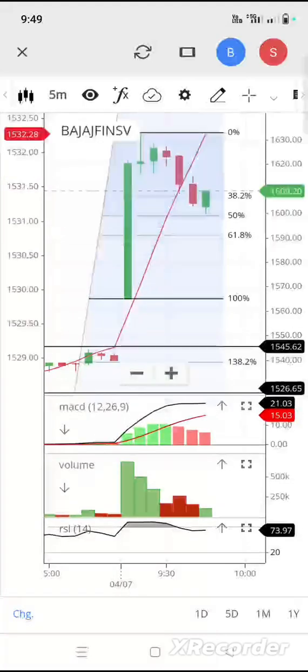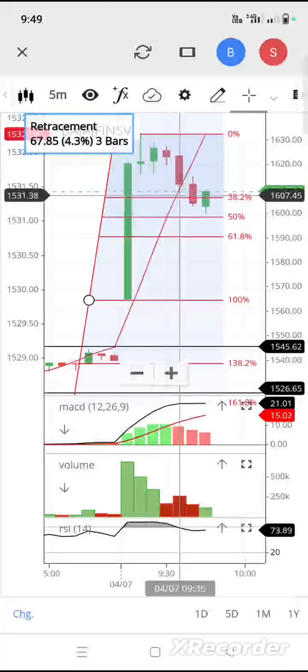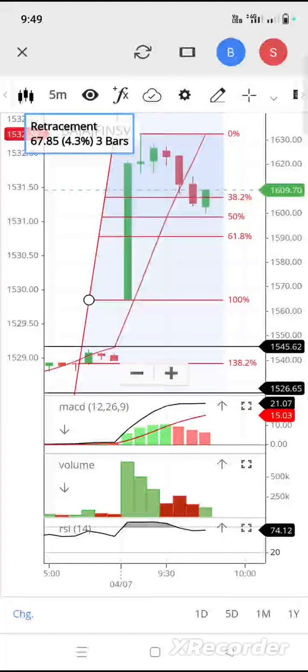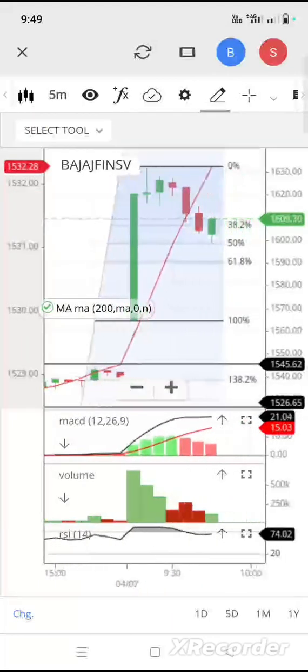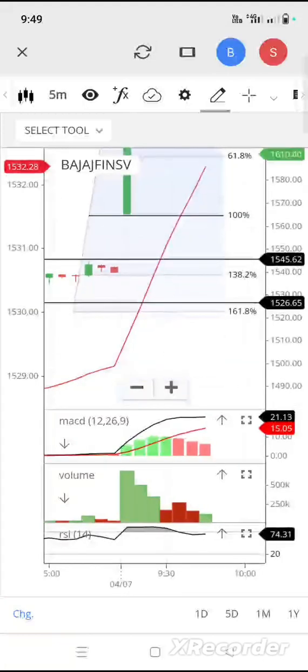So I have marked the levels and now I have to wait and see whether it breaks my levels. Okay, let's see. So let's wait, traders, and see.